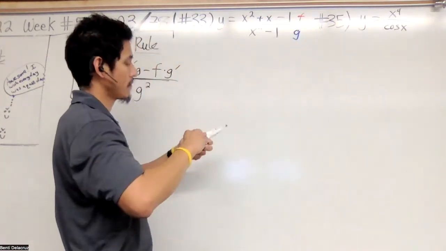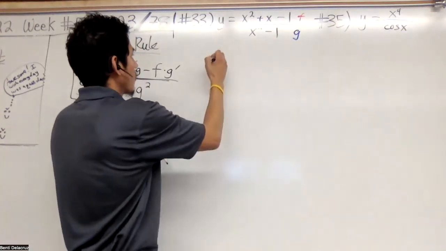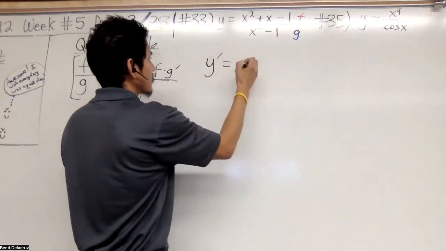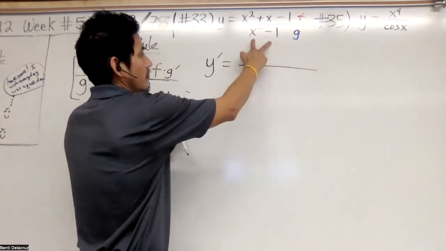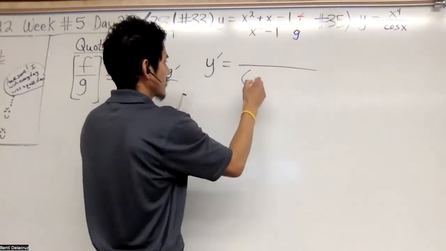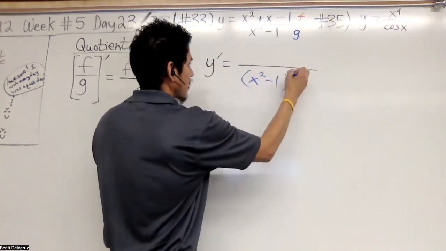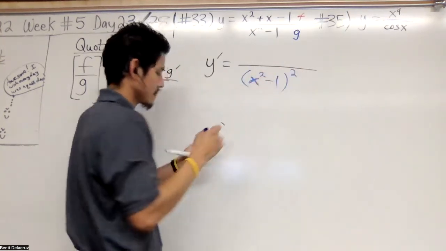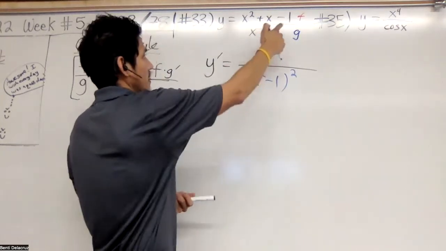So if you want to find the derivative of y, y prime will be equal to, let's just first take the bottom expression squared. So we just take x squared minus 1 in parentheses, all to the second power. That's our g squared. And then on top, we first take the derivative of f.